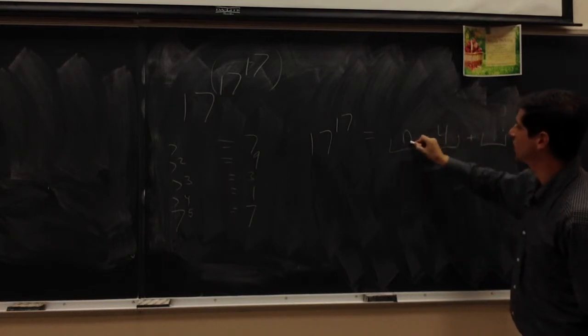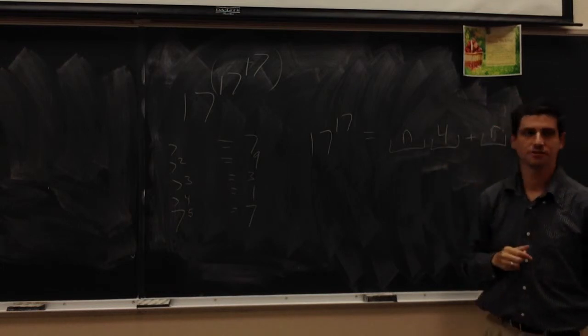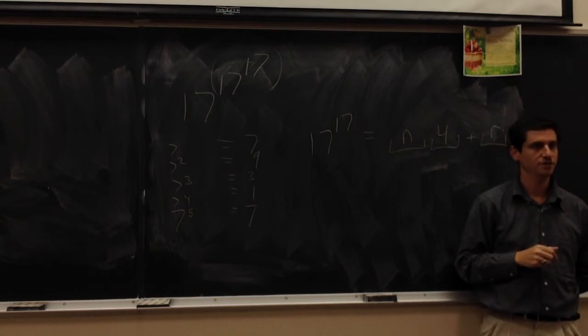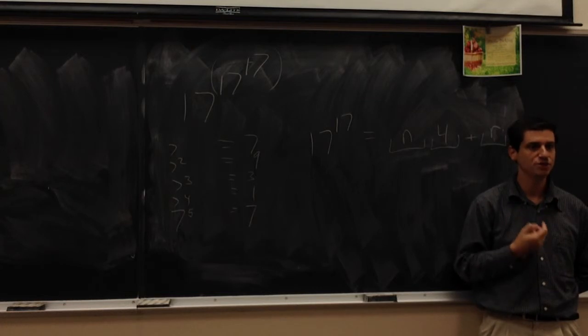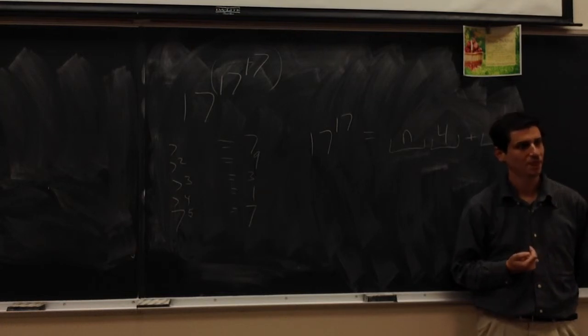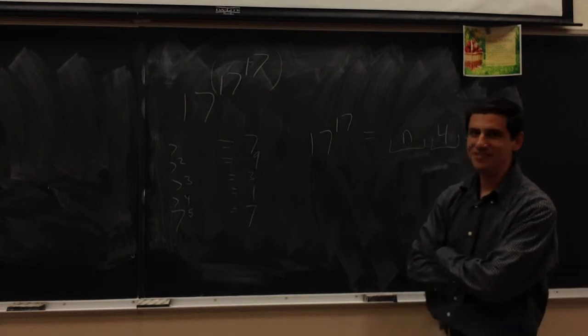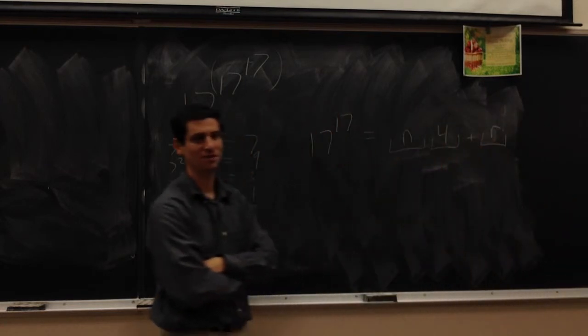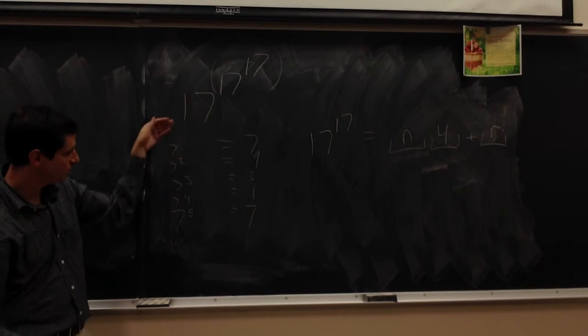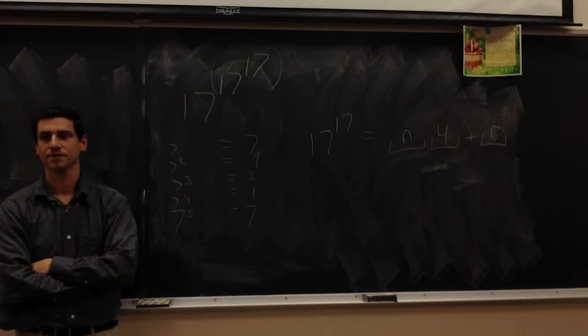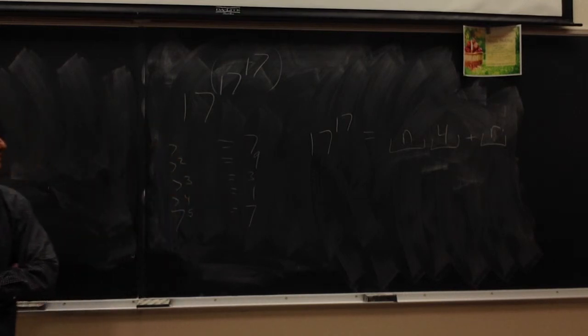So it's some number of copies of 4 plus a remainder. All I have to do is figure out what 17 to the 17 is mod 4, and then we can figure out exactly where we are over here. Well, 17 is 1 mod 4.